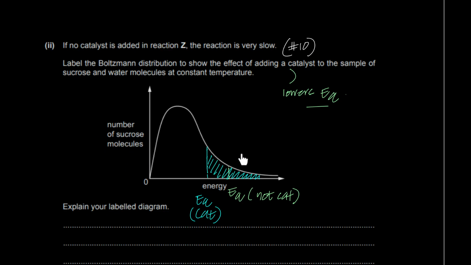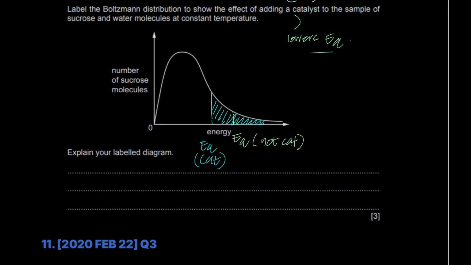So now when you pull the EA back a little, you have more sucrose molecules with energy equal to or greater than the EA. More sucrose molecules have energy greater than the EA because you've lowered the EA, so a greater proportion of particles possess the activation energy.